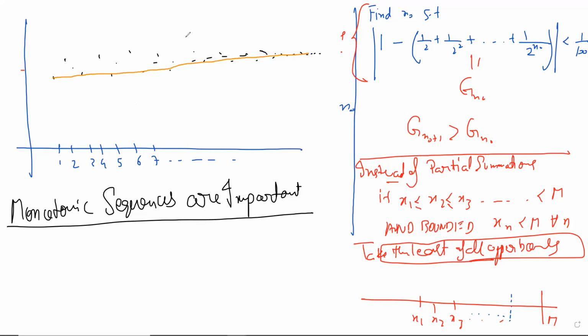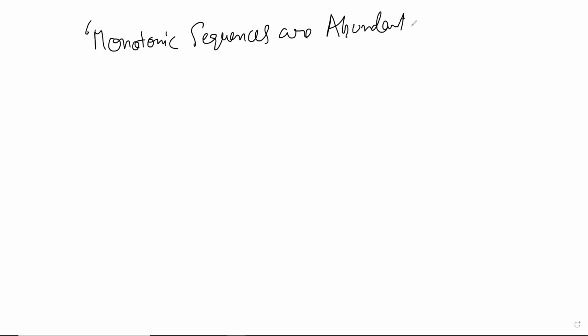Okay, so now we want to prove this philosophical statement that monotonic sequences are abundant. And this statement can be seen in several ways. Even graph theoretically, we will see in the graph theory class also. Another way to put it is that there is no true randomness.